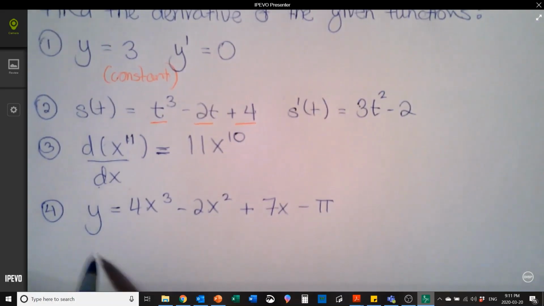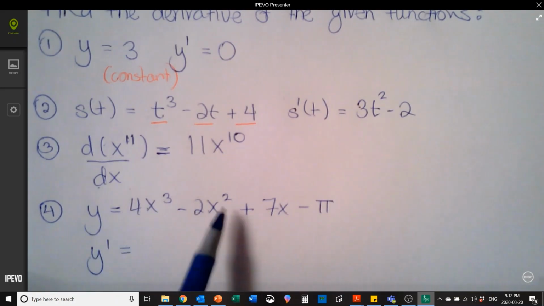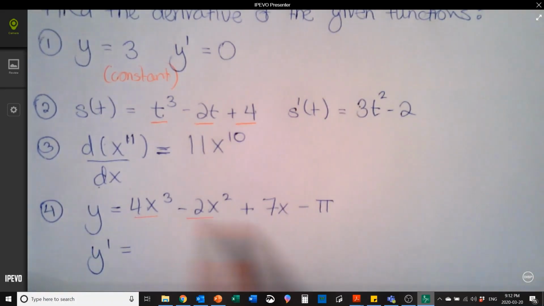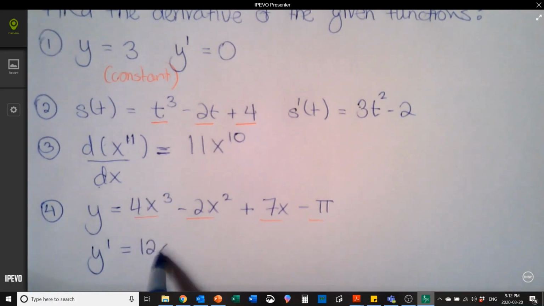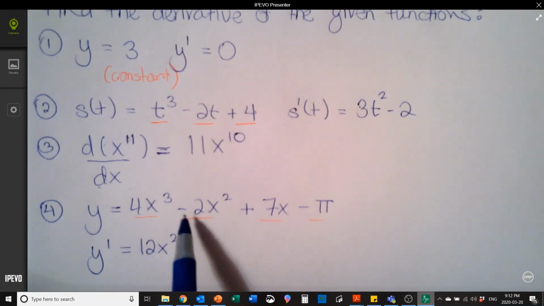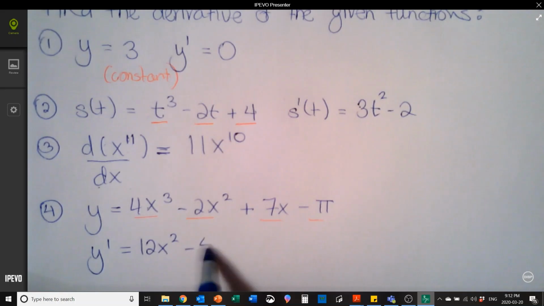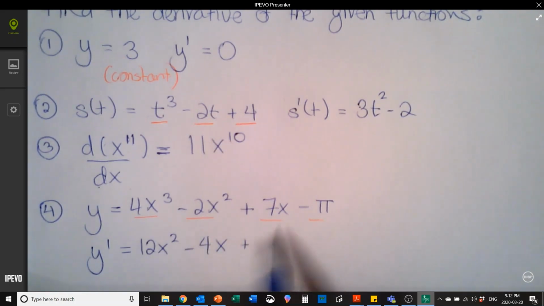Alright, let's do another one. Y prime in this case. So I have my function here made of multiple terms, 4 terms. I'm going to find the derivative of each term individually, since they're all added and subtracted, and that'll make up my derivative. So 3 comes down in front, 12x squared, minus 2 comes down, times 2, minus 4, x to the 1, 2 minus 1 is 1, plus 7x.